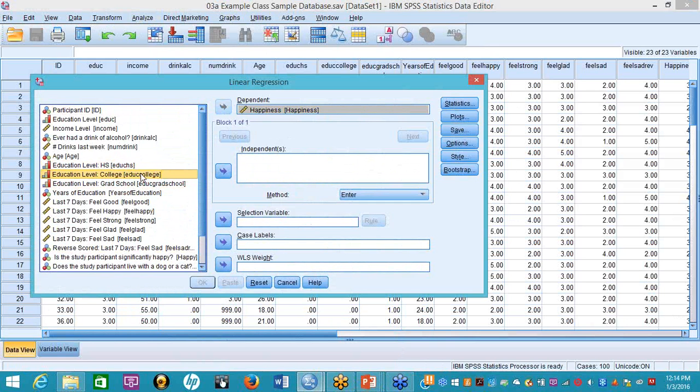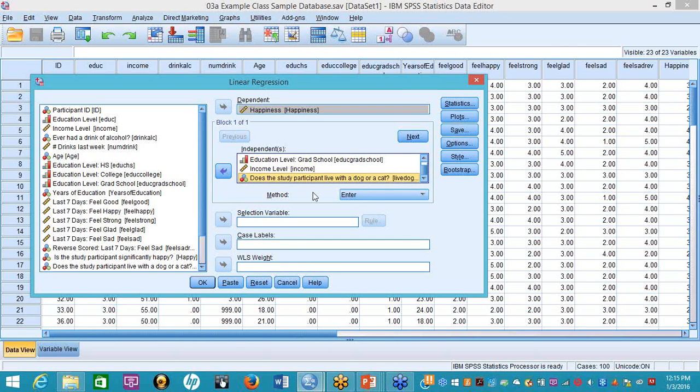So that's what's done in a regression model. You need to specify a reference group. So you put in education level college, education level graduate school. Then the next covariate, income level, we put in. And then we put in our independent variable, do you live with a dog or a cat? And there we go. There's our dependent variable and our predictors.